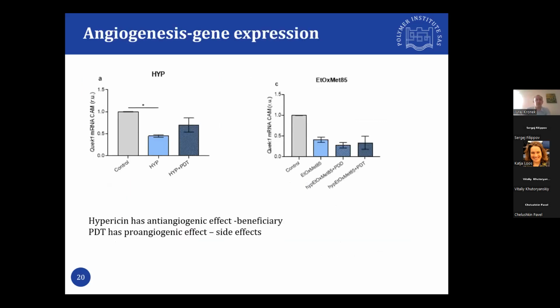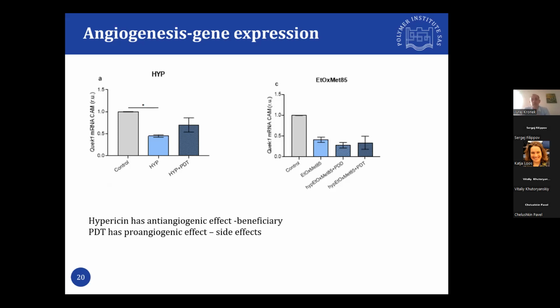Similarly, when we assessed the expression of genes connected with angiogenesis, you can see that hypericin has an anti-angiogenic effect, which is beneficial because it limits the delivery of nutrition to the tumor, but after photodynamic therapy, this effect is increasing.